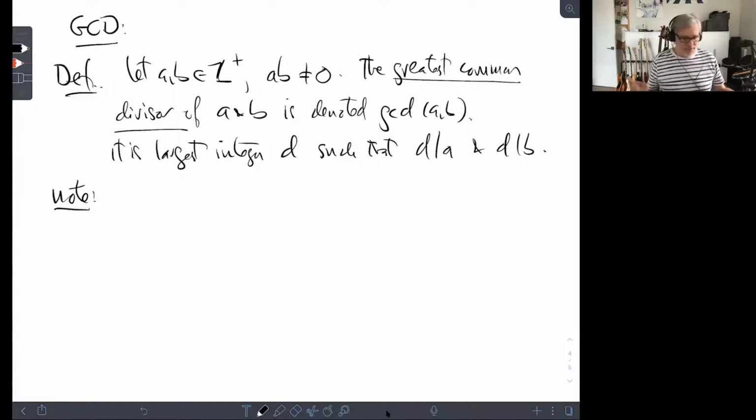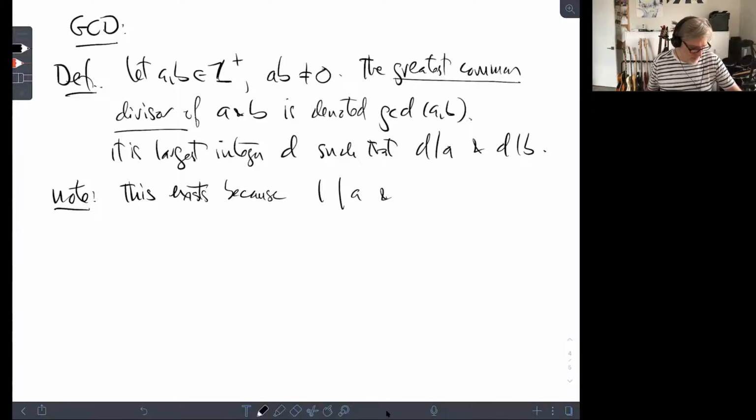But it does, right? So if you take any two positive integers, one divides both always, right? And so this exists. So there is such a thing because one divides A and one divides B, right? So there is at least one common divisor, and they can't be bigger than A or B, right?